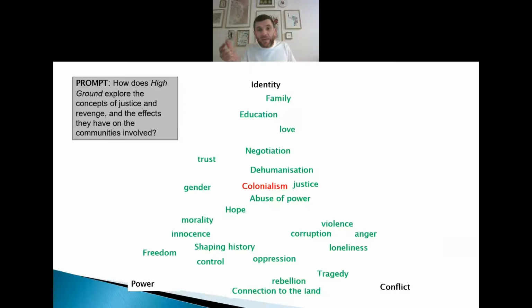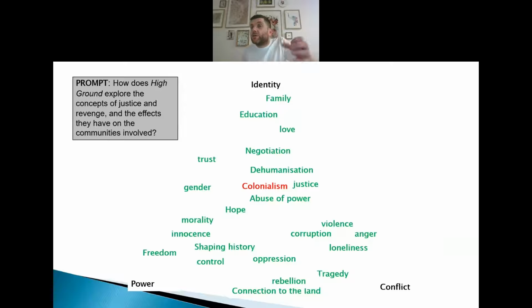So you could make the argument that the key to justice within a settler mindset is reinforcing their own power. Because if you are able to maintain the dogmatic ideals, if you are able to maintain the status quo, if you are able to control justice, then you're able to wield that power and you're able to actually maintain it.